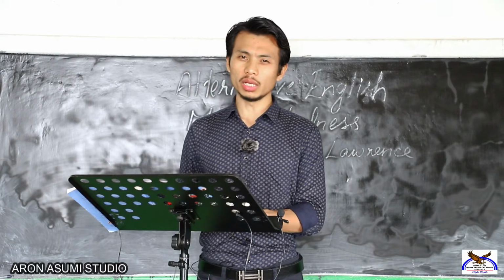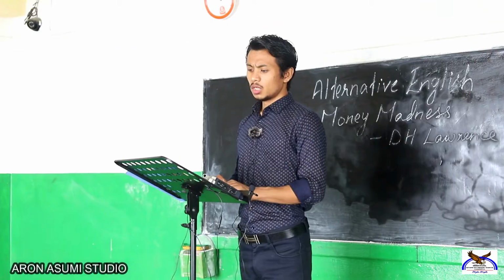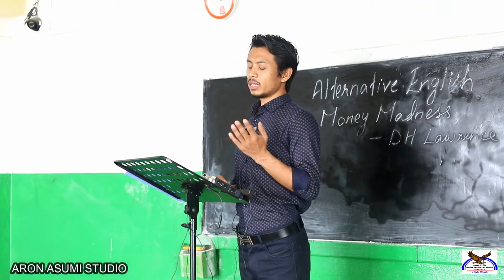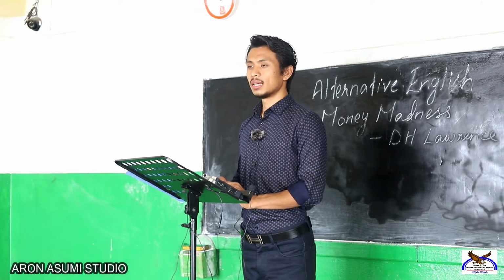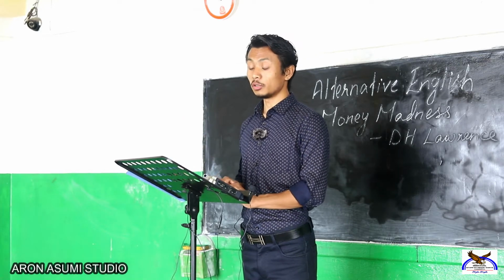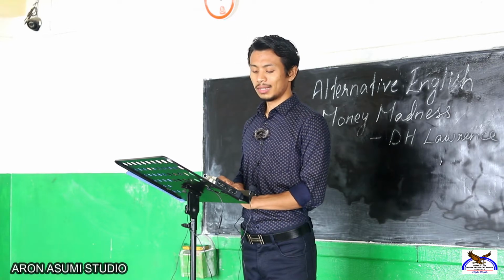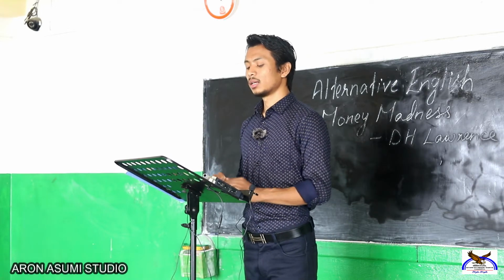This poem, Money Madness, is an evaluation of the madness for money in the modern times. As is very clear in the title, we're going to talk about money, which I'm sure you already know what is, and the madness for money.